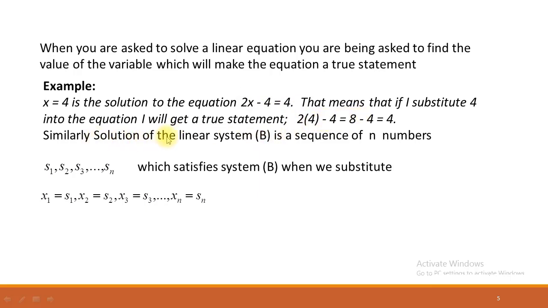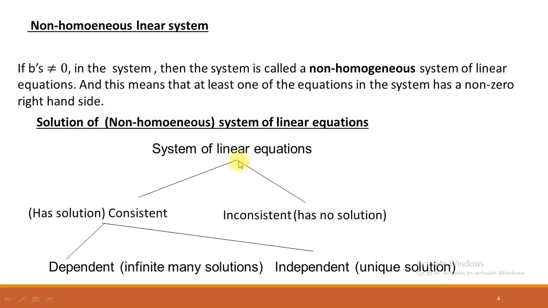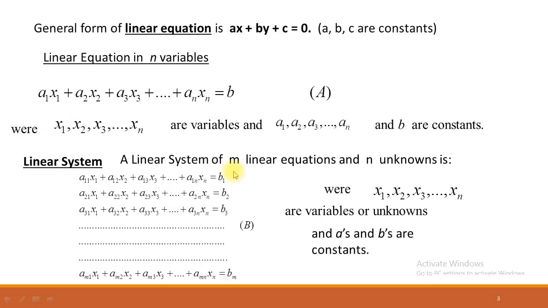Similarly, a solution of the linear system B in the previous slide is a sequence of n numbers. These are the solution for the system. Suppose S1, S2, S3 up to Sn satisfy system B. This is system B in the previous slide.